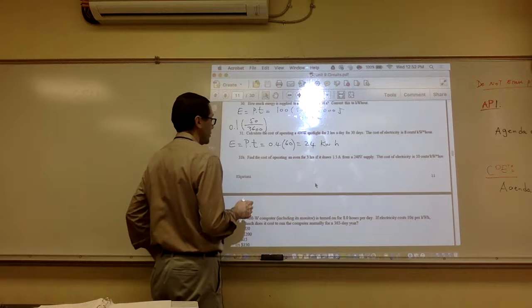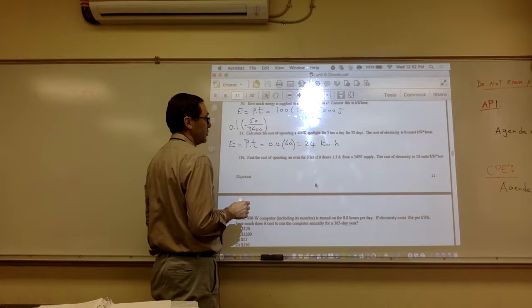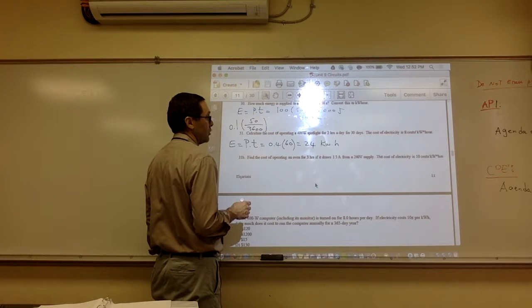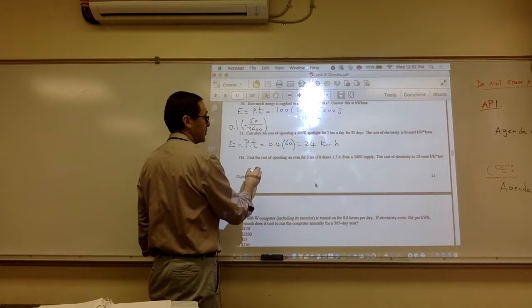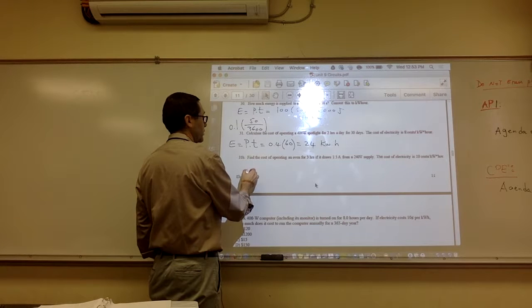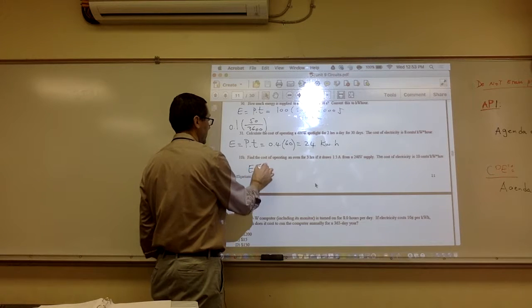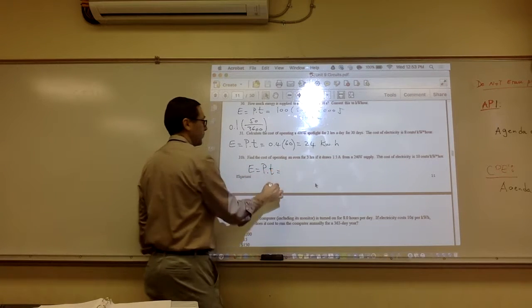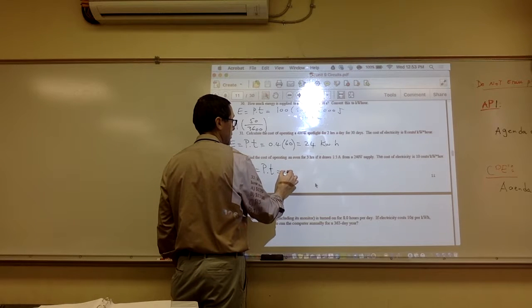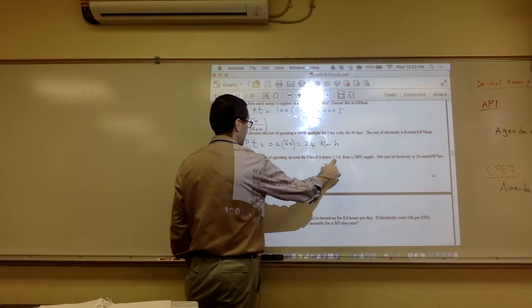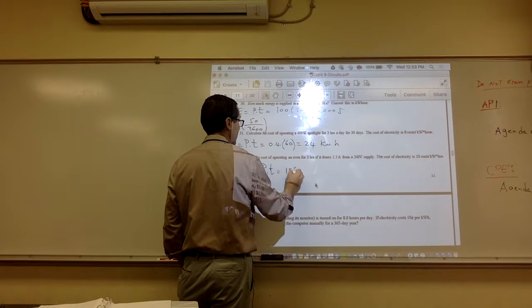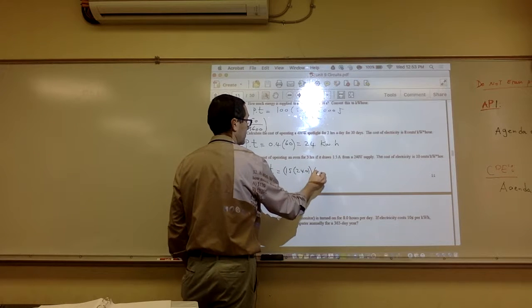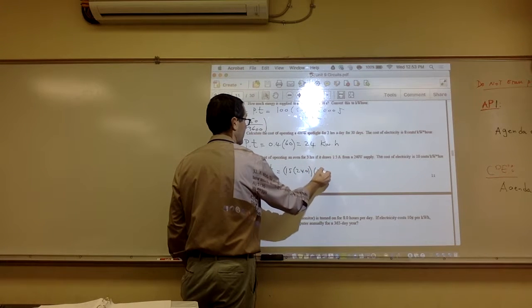31B. Find the cost of operating an oven for 3 hours if it draws 15 amps from a 240 volt supply. Okay, and they're giving you the cost of electricity. So E is PT. The power we don't know, so we can find it by doing P equals IV, multiplying these two, and the time is 3.